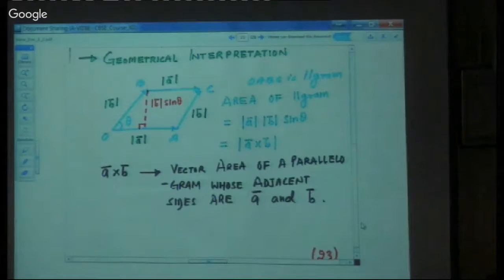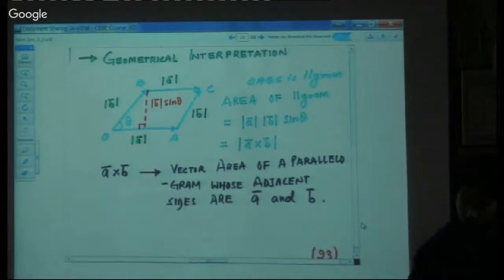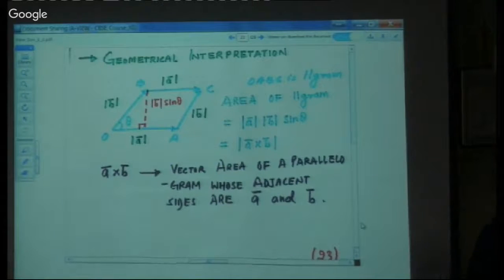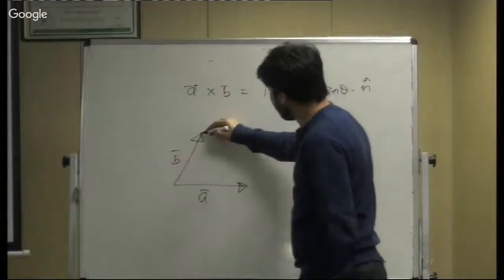When I say A cross B, it means mod A, mod B sine theta, and it will be some vector which is normal to those two, following the right hand system. Now let's say this is my A and this is my B, so I can create a parallelogram.